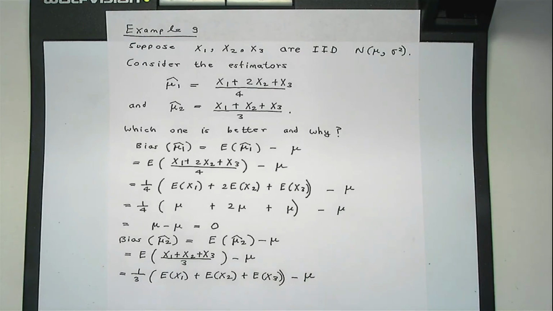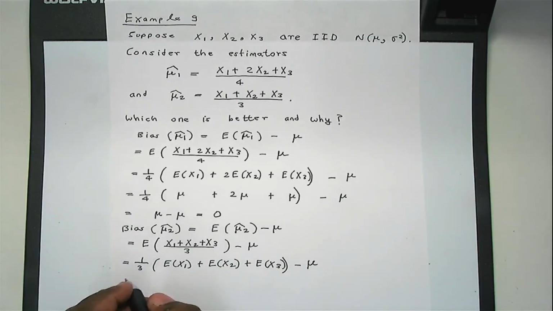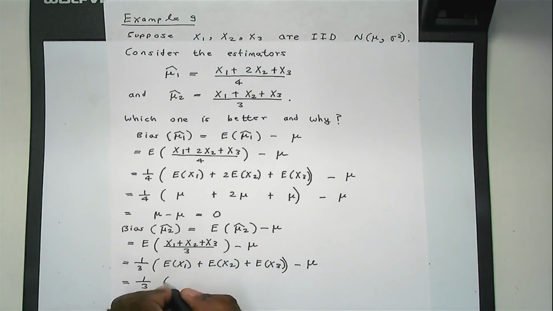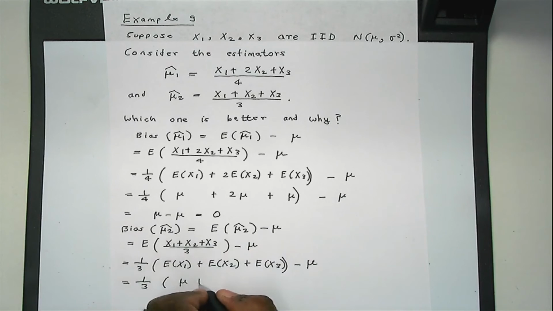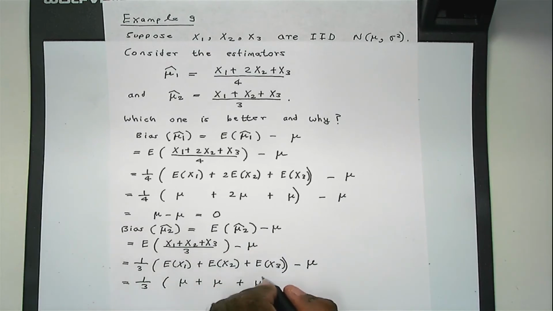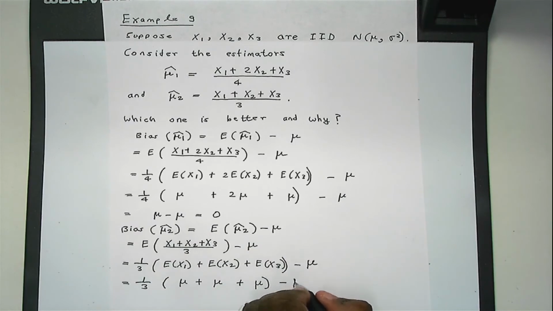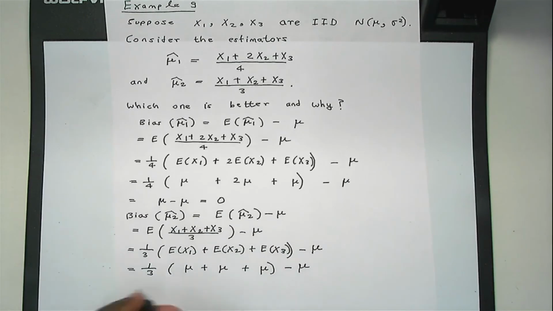Right? So this would be a third times mu plus mu plus mu, minus mu. Alright, so this is mu minus mu, which is 0. So both estimators, mu1 hat and mu2 hat, have biases equal to 0.